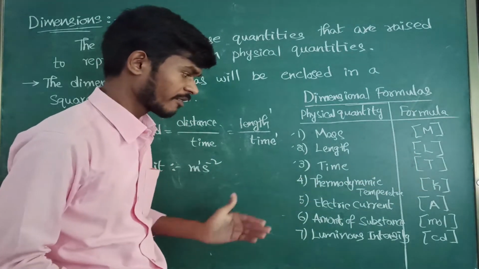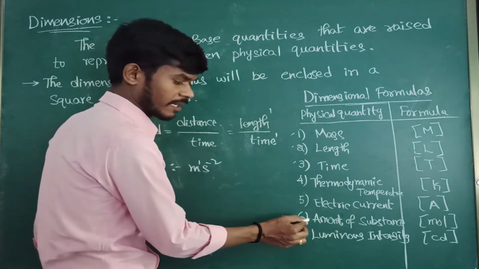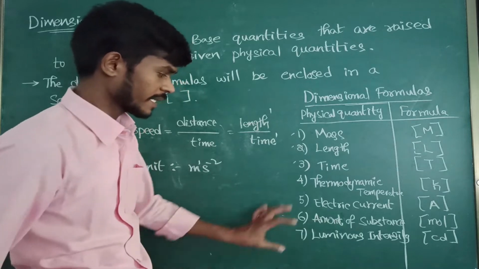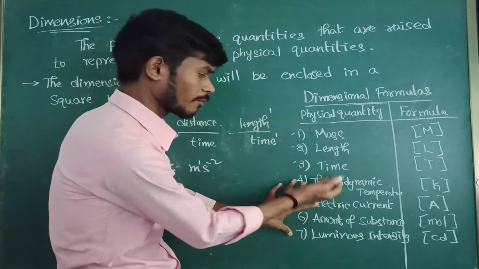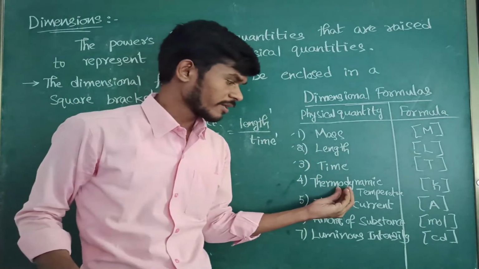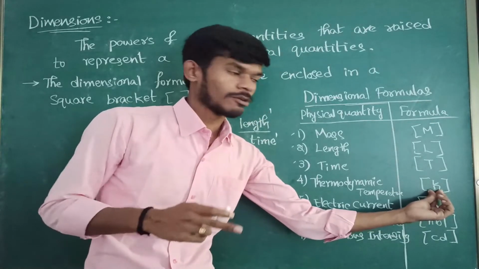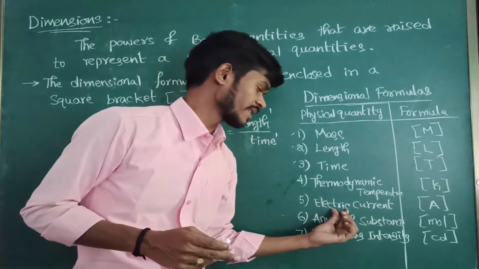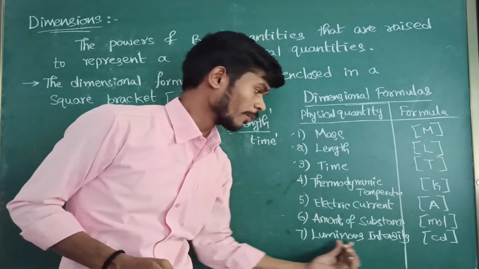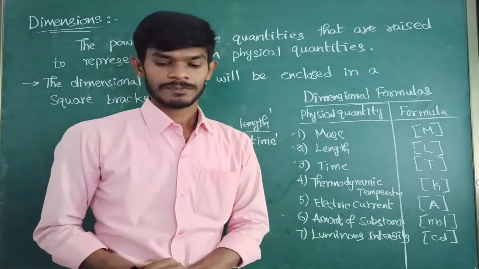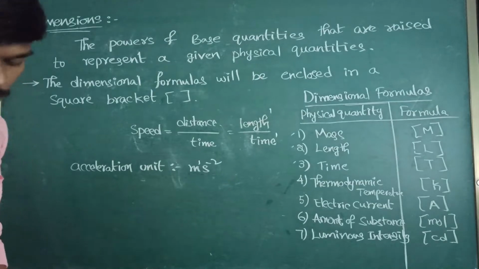Then for the remaining fundamental physical quantities, thermodynamic temperature, strength of electric current, amount of substance and luminous intensity, we use the units. The SI unit of thermodynamic temperature is Kelvin, so the symbol K is enclosed in the square brackets. In the same way, electric current is A, amount of substance is mol, and luminous intensity is cd. This is about the dimensions of a physical quantity.